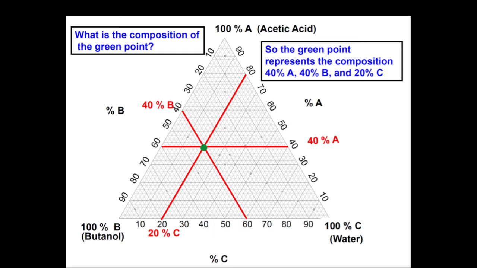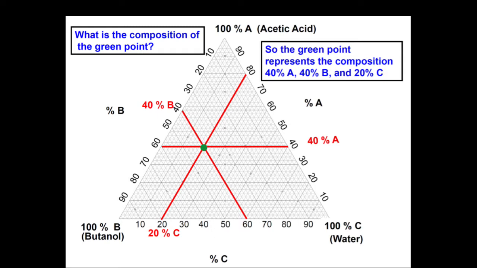That line that connects B and C. The line connecting B and C has 0% A. And then I start counting up 10% at a time, so that the next line is 10% A, and the next is 20, 30. And then you see the red line that's on 40% A. And so that green point is made up of 40% acetic acid. That's what that composition represents.